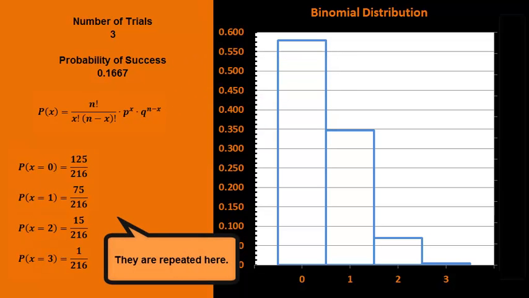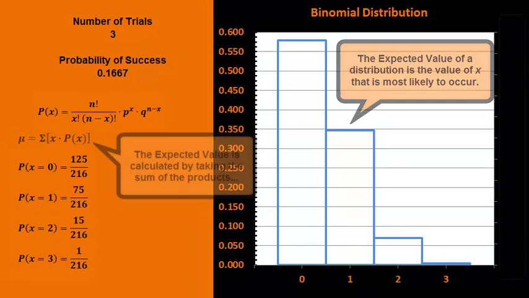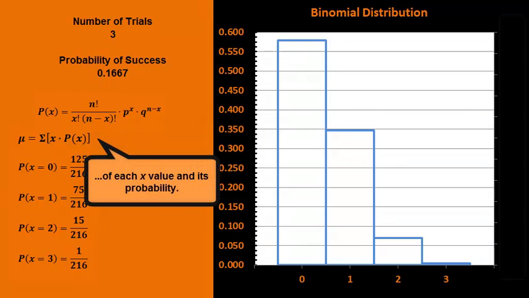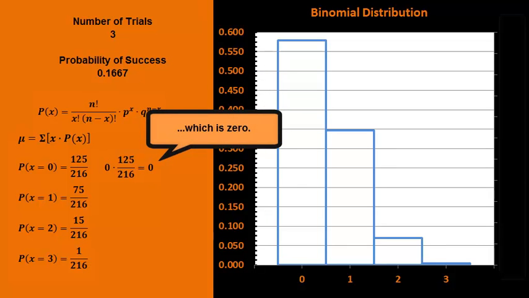They are repeated here. The expected value of a distribution is the value of x that is most likely to occur. The expected value is calculated by taking the sum of the products of each x value and its probability. For the case of x equals 0, that would be 0 times 125 over 216, which is 0.